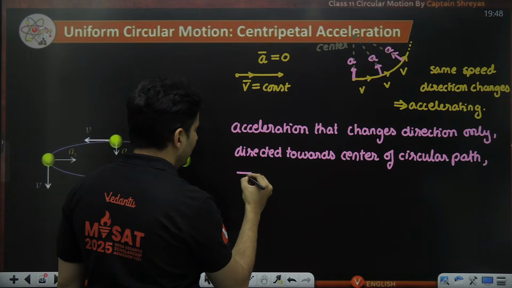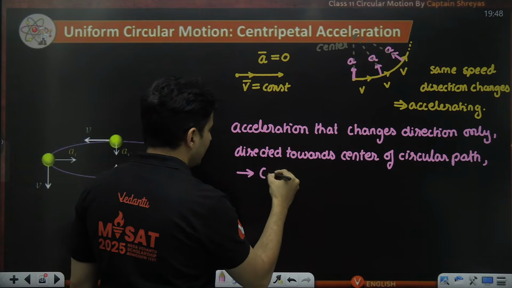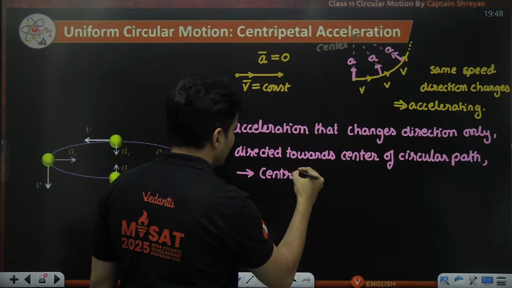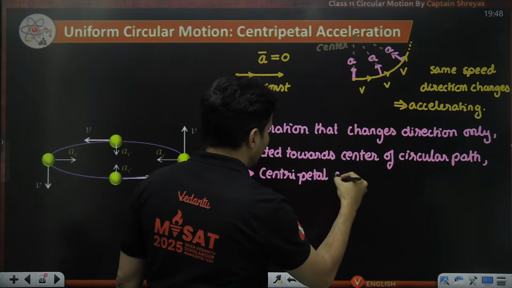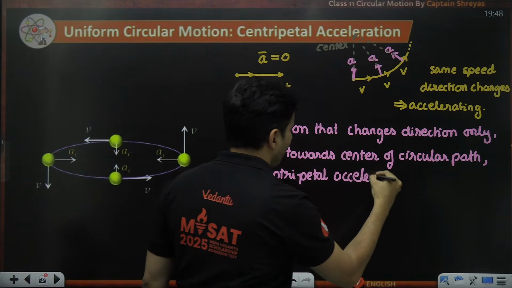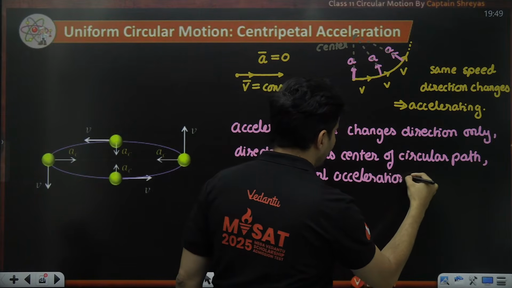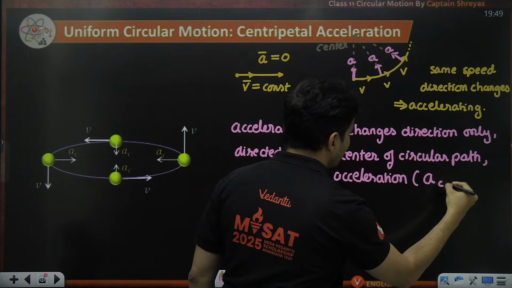It is called centripetal, because towards the center. Petal means towards. Centripetal acceleration, and the symbol for it is A with a subscript of C.